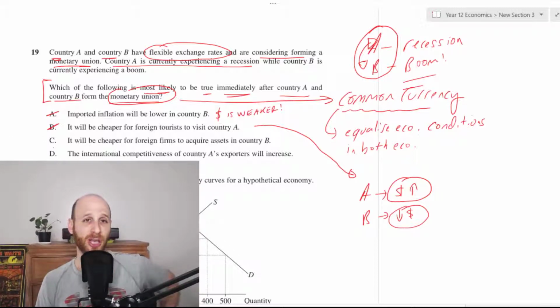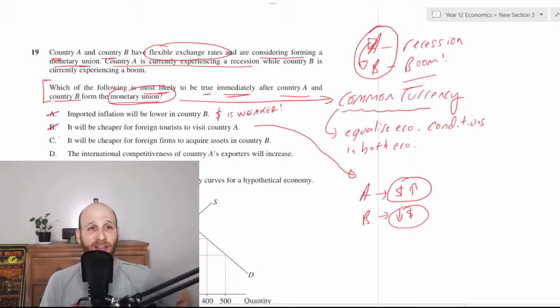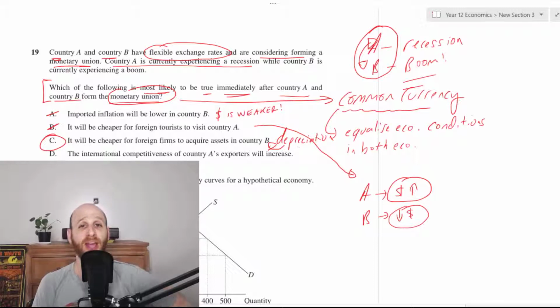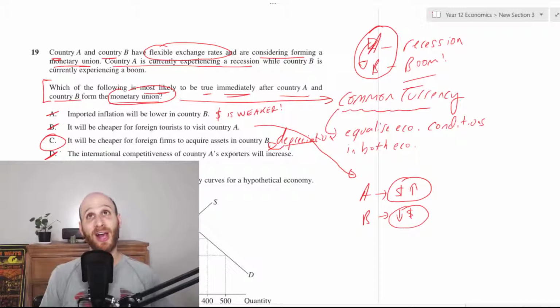C, it will be cheaper for foreign firms to acquire assets in country B. Yes, I can feel that because country B has a depreciation of the currency, so it's cheaper to buy things. D, the international competitiveness of country A's exporters will increase. No, it will decrease because their country is experiencing a higher value for its currency.